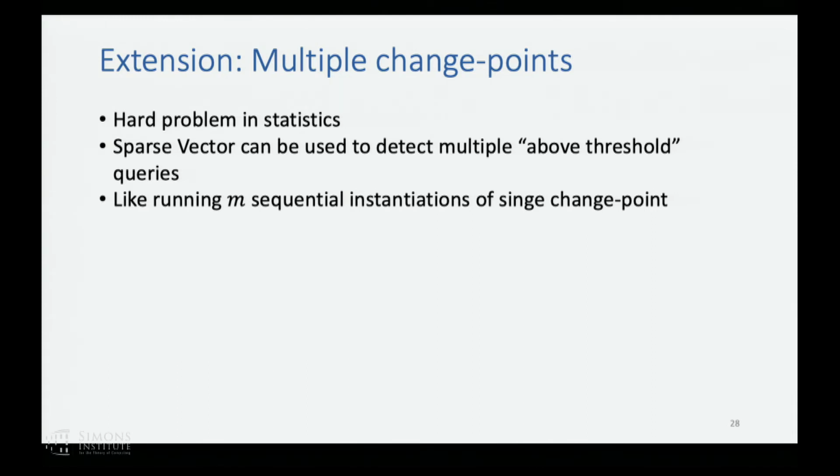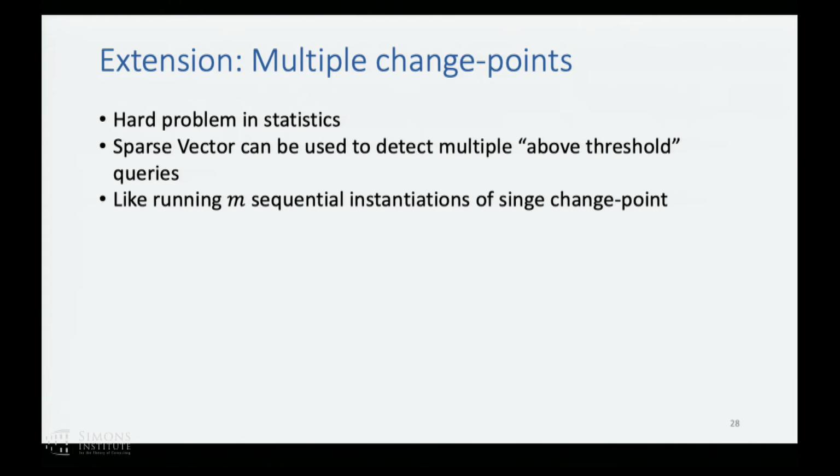But at the same time, in privacy, our sparse vector can be very easily extended to find multiple above-threshold queries. And so I told my statistics co-authors, I think that we can do this. It's really straightforward. And they're like, no, that's way too hard. It's definitely going to be its own paper. And I don't think so.